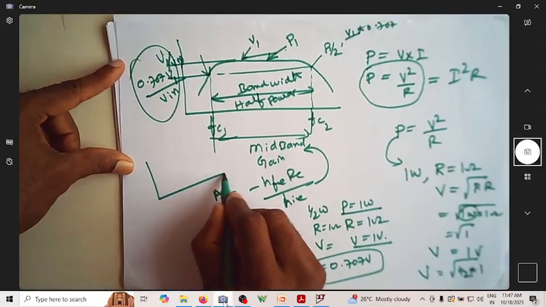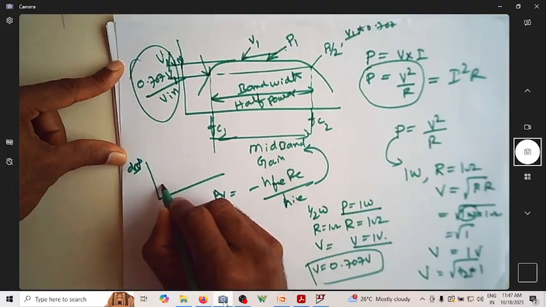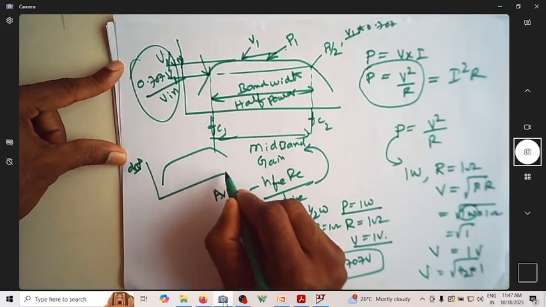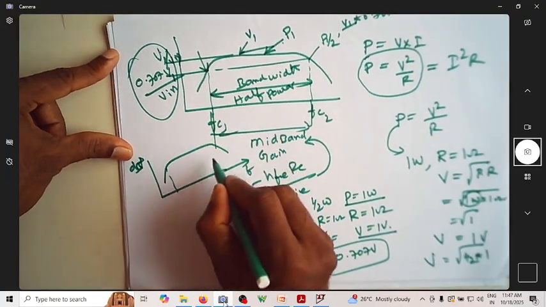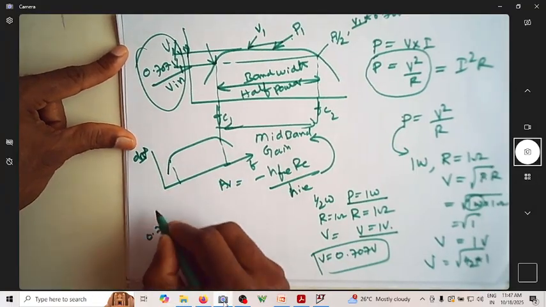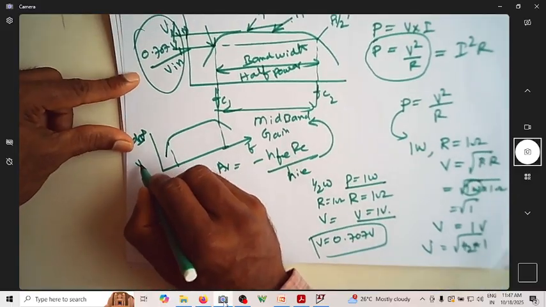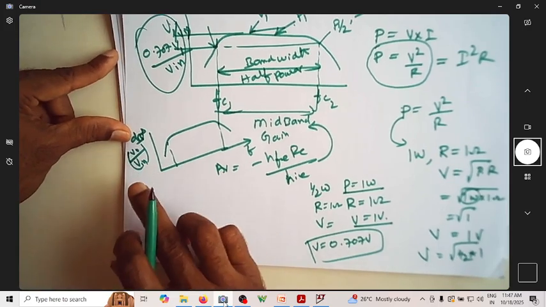Suppose you are specifying this gain in terms of dB, so if you are looking for gain in dB in a frequency response, how do you get this point? Because we know that V naught by Vin is the gain.